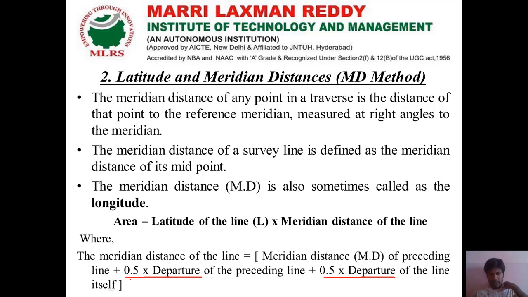For the first and last points, the preceding line is not available, so only the 0.5 times departure value is available. For the points in between, we have the remaining values: the meridian distance of the preceding line plus 0.5 departure of the preceding line. Now we are going to add them. Here we never bother about the sign. Whether it is northing, southing, easting or westing, we take everything as positive.